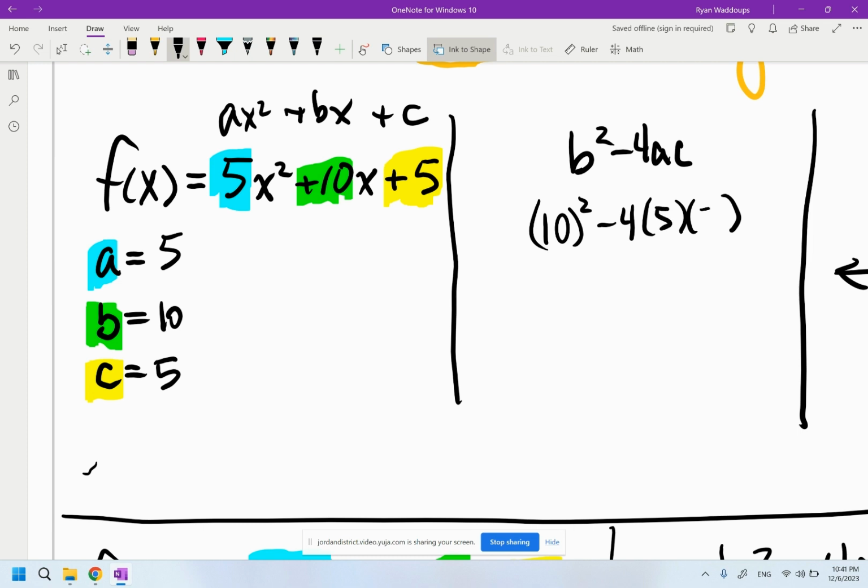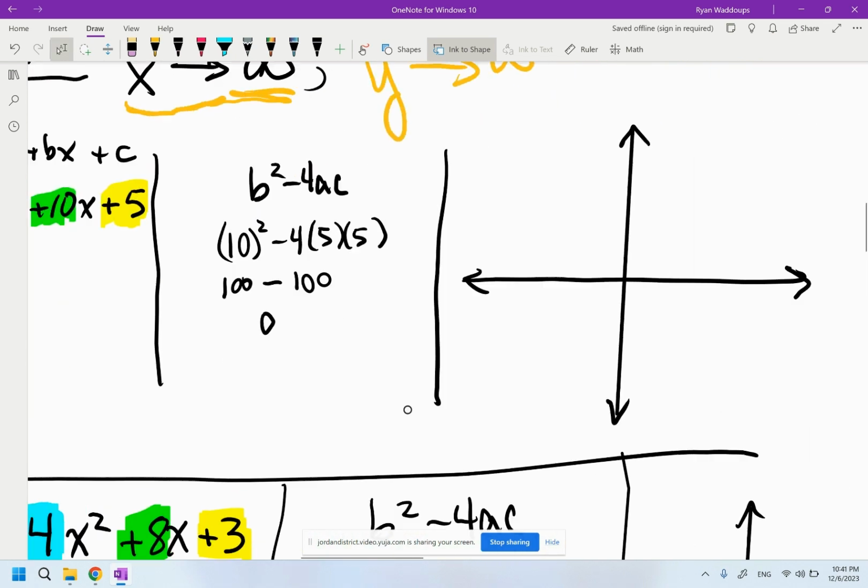And so I've got 10 squared, that'd be 100, minus 4 times 5 is 20, and 20 times 5 would be 100. So I've got 100 minus 100. The value of my discriminant is equal to 0. So I'm going to think, well, what was that again? Let me see.